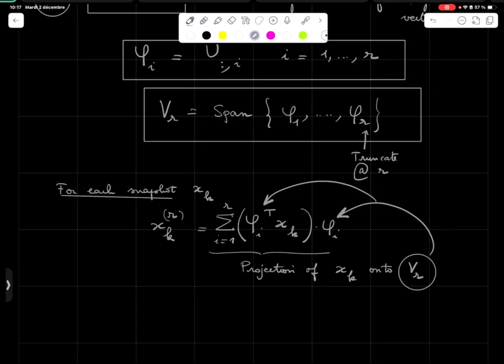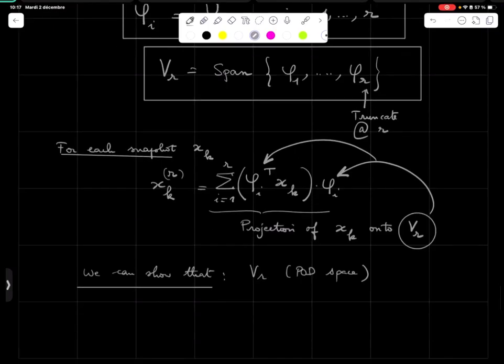And what we can show, which I'm not showing, is that V_r, which is the POD space, so that's the one you want to compute offline, minimizes the error. So what error?